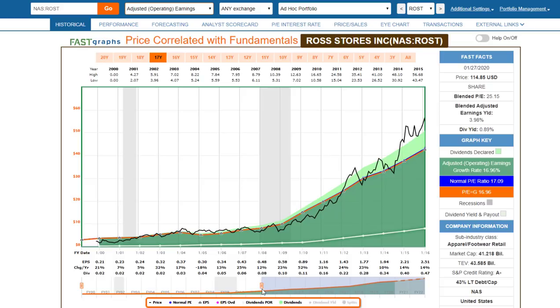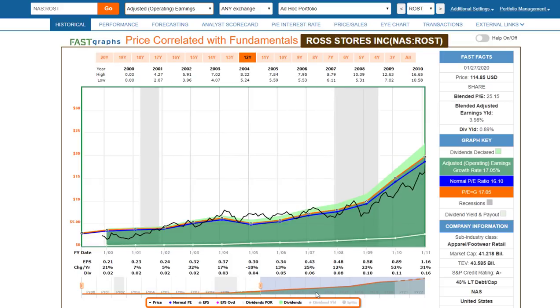If I change this time frame again and go back further in time, now I've got a 17.05% growth rate, and I'm drawing these valuation reference lines at 17 and 16.1. Notice the blue line now came slightly below the orange line. All that means is the mathematics are dictating that, but I'm applying the formula and I'm analyzing now whether those formula applies.